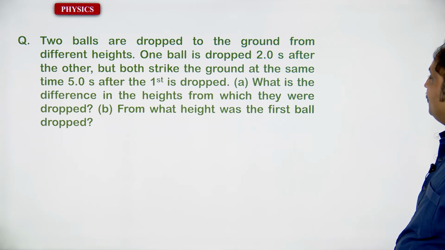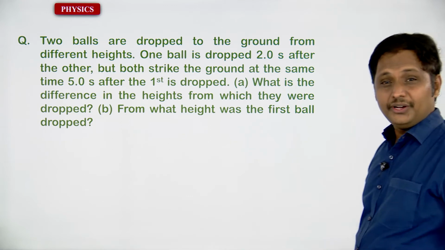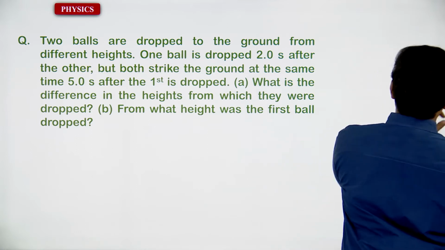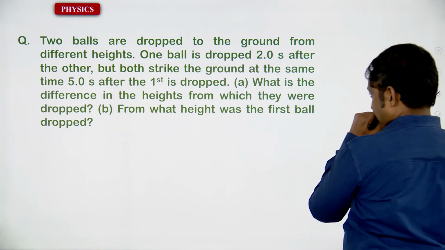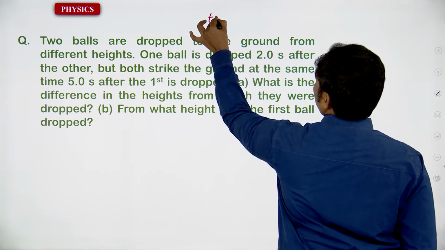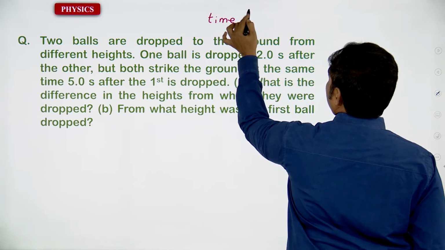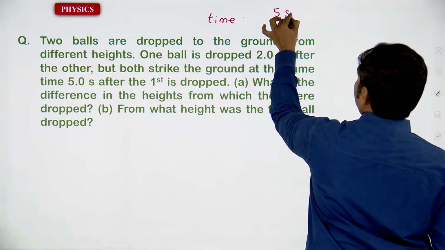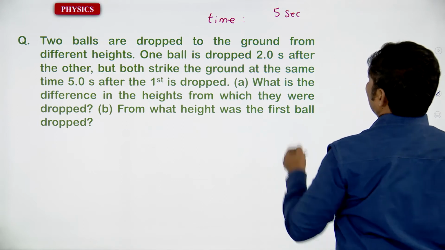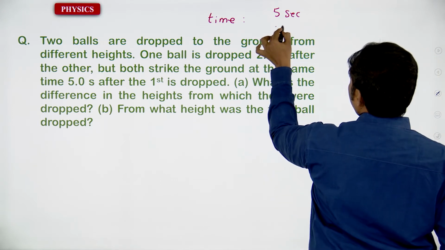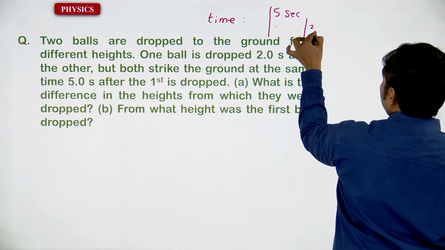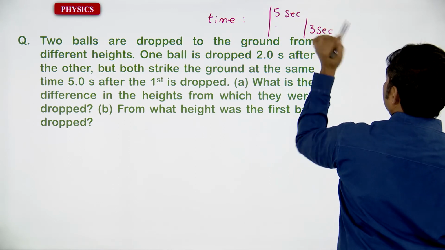Yes, you have to digest the given problem and we will go for that one. So, time you have to take as 5 seconds for the one ball, all right. After 2 seconds, the other is going to be dropped, so it is going to be 3 seconds, all right.